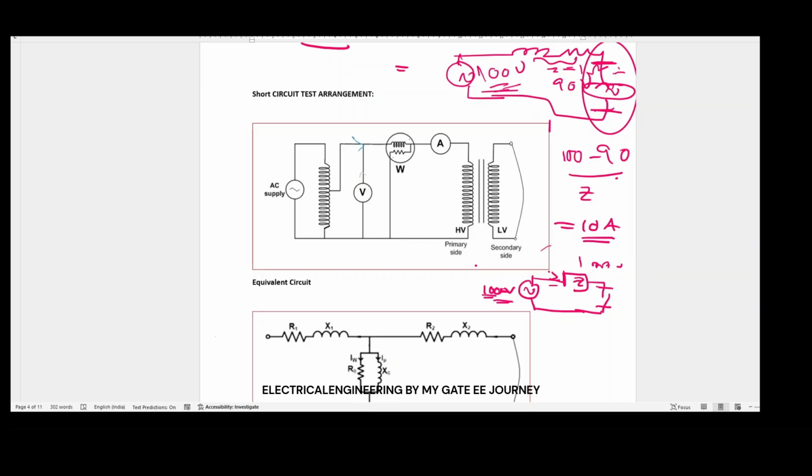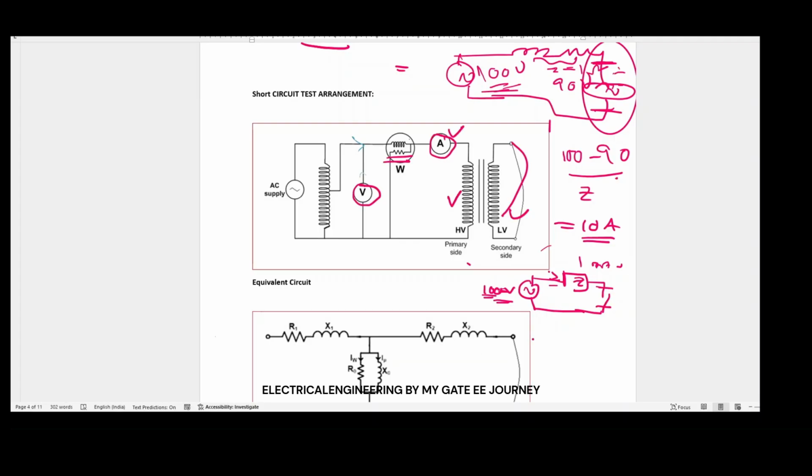Now let us analyze the SC test circuit arrangement. Here this is our HV side, and the LV side we shorted. To measure the input voltage we kept one voltmeter. To measure the input current, how much it is drawing from the source, we kept one ammeter, and we kept one wattmeter.